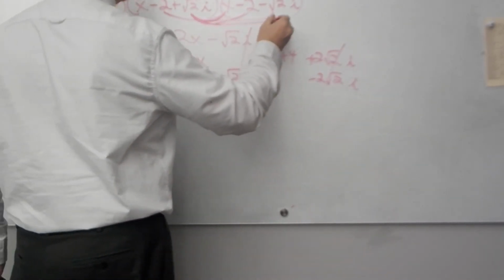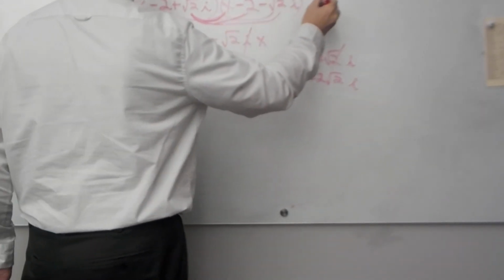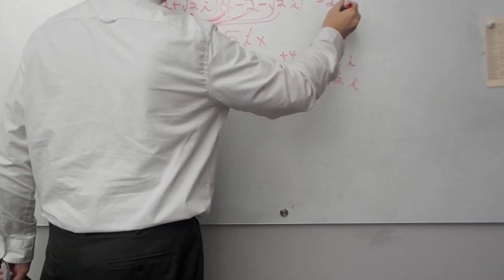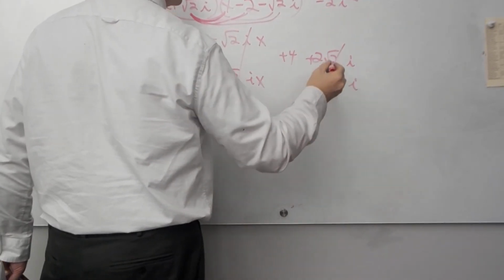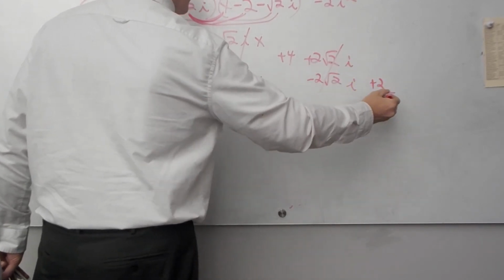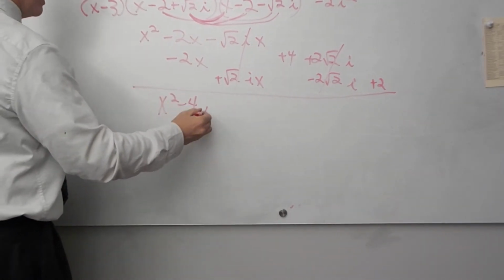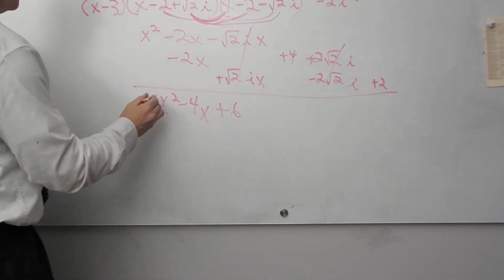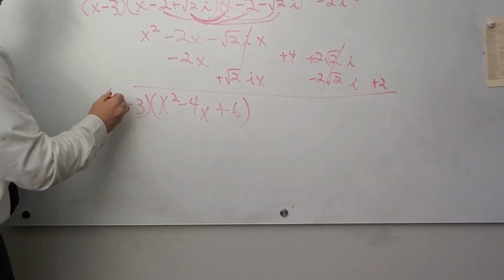Square root of 2i times the negative square root of 2i is negative 2i squared, which is positive 2. All right, what do we got? We got x squared minus 4x, 4 and 2 plus 6, which I'm going to multiply by x minus 3.